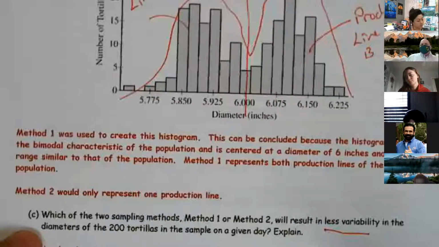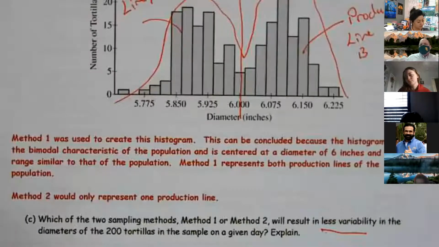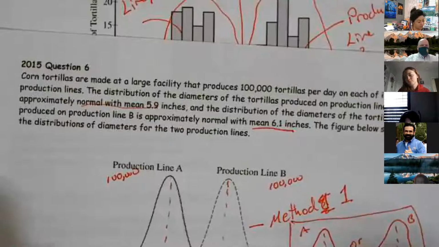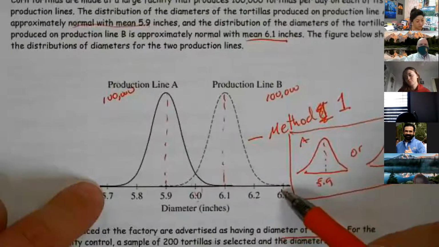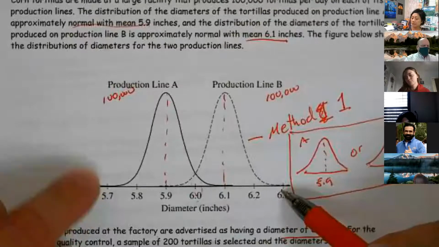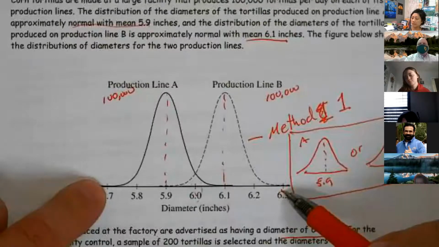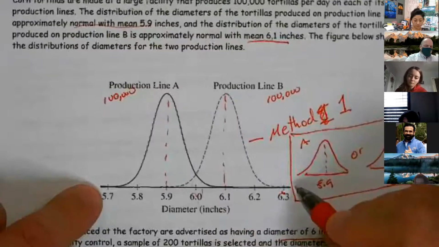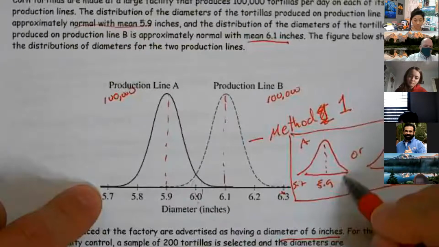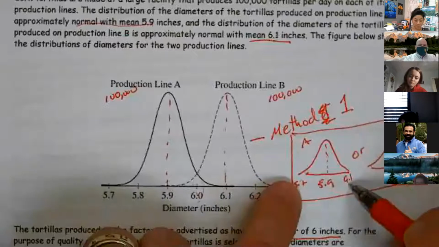Well, one measure of variability, or one of the easier ones to see, is the range. Look at the spread of the data for method 1. For method 1, I have a spread that goes from 5.7 to 6.3. If I choose method 2, and let's say I end up with production line A, I'm going to go from 5.7 to 6.1, much shorter.